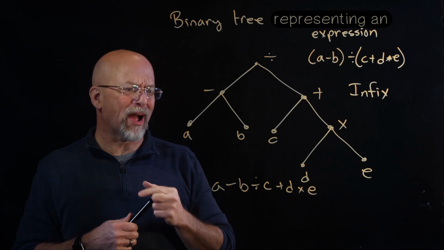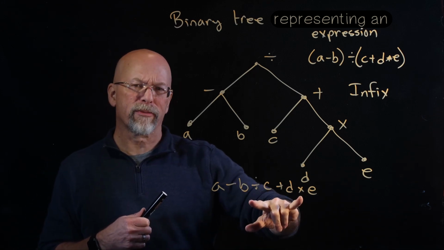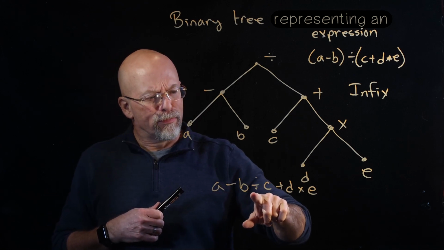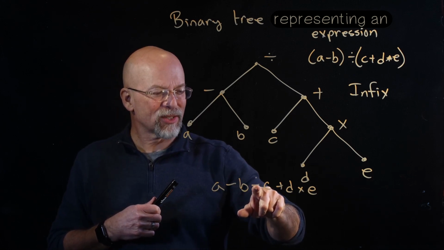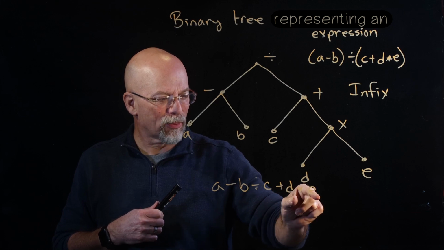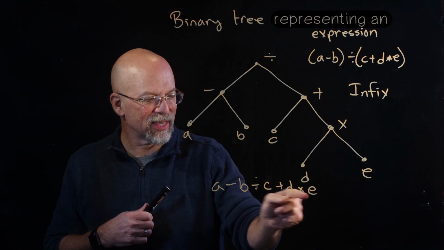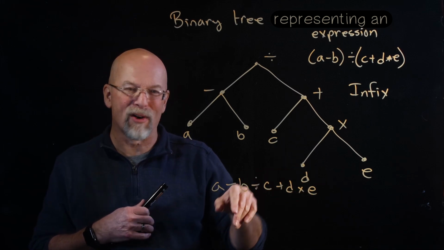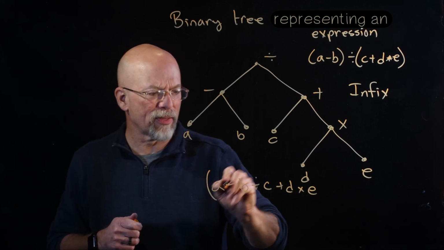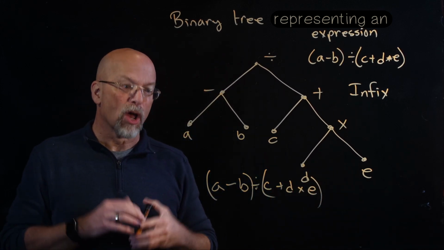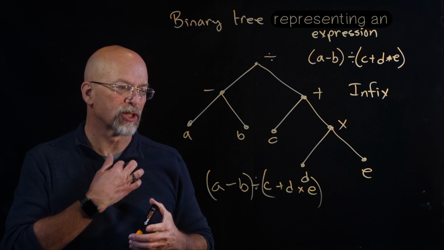Except for one problem. We've got order of precedence here, or the order of operations. PEMDAS, is it? This would say we would do this operation first, then do this operation, then do this, add this to this, and then subtract that all from A. We've lost our parentheses, all right? And by losing the parentheses, we actually have changed what the expression represents.